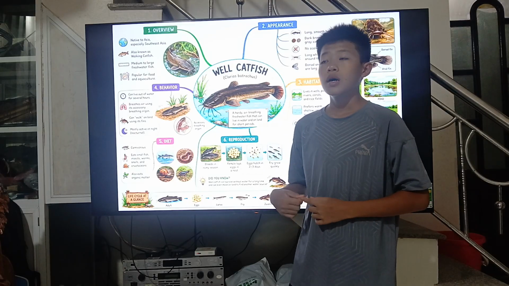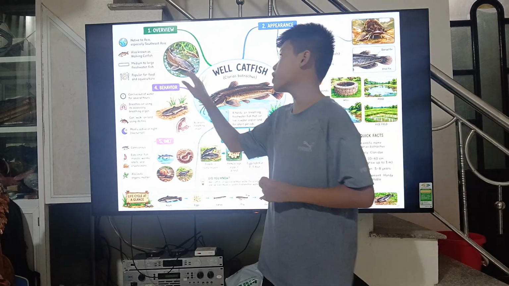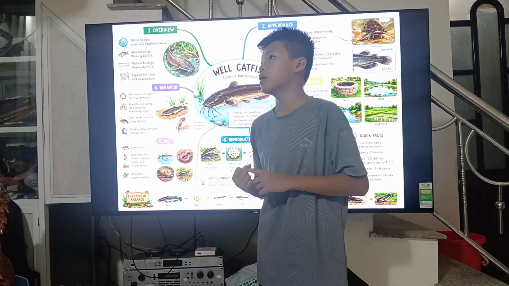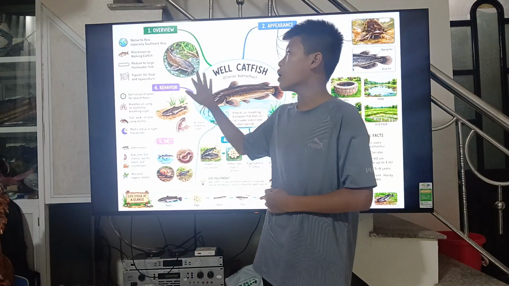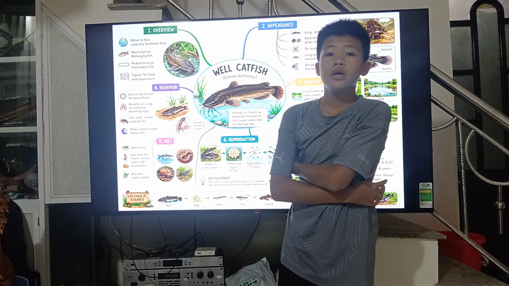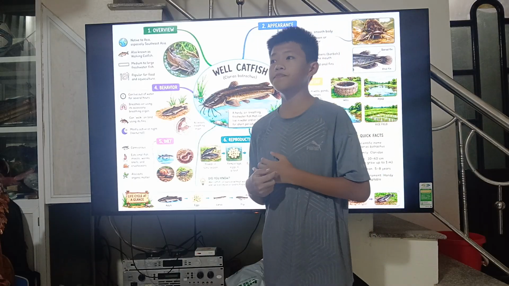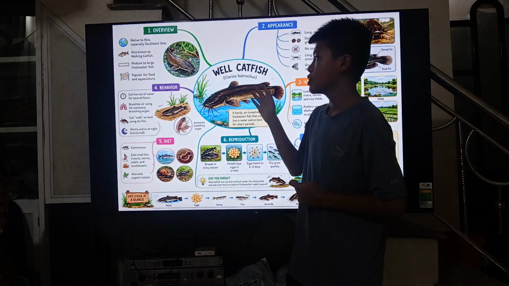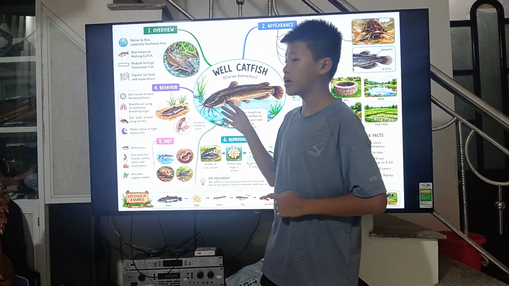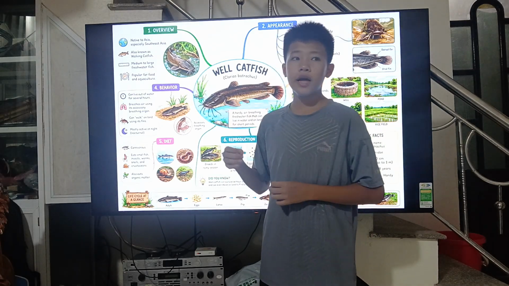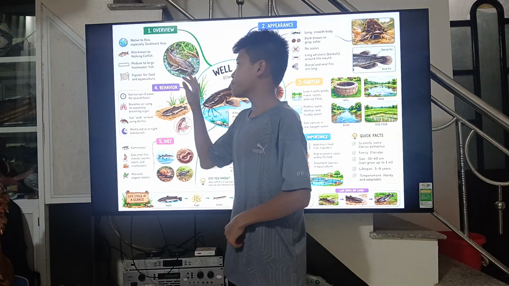So when the rain falls and the pool or some place that has this fish gets higher and deeper water, the fish jumps out of the water and goes onto the land to walk, to find another water place to live and have a new life, and make their pools have all of these babies.